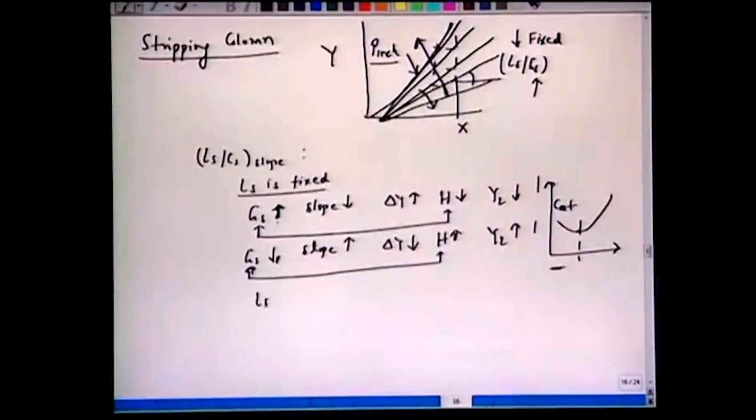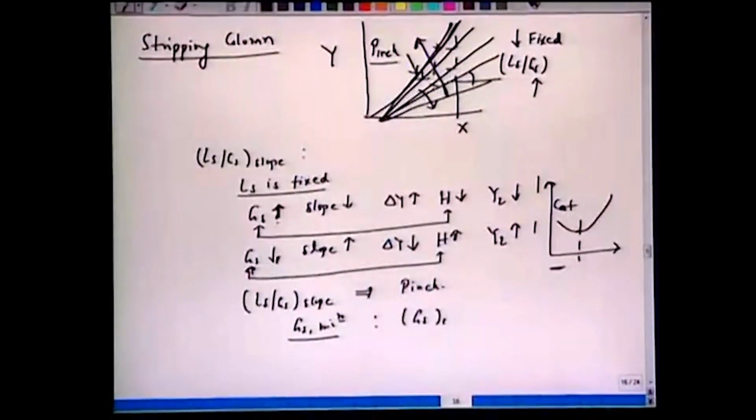So we get Ls by Gs from here, the slope from the location at the pinch, and Ls is fixed, so we get Gs minimum. So all it says is we cannot have any amount of Gs smaller than this slope of this curve. So this gives us Gs minimum. From here we can get Gs operating equal to 1.5 times Gs minimum.